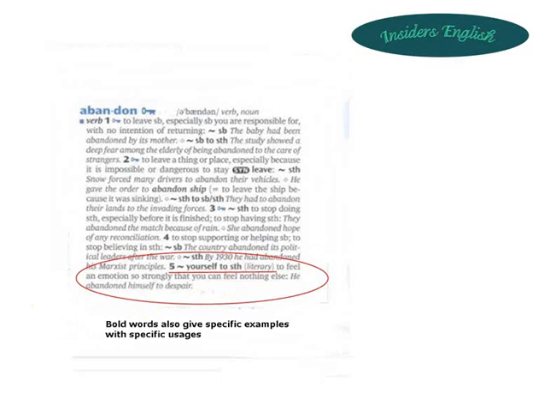Also, what's very nice is they tell us that this is used in a literary situation. That means we don't say it, we write it. So what does abandon yourself to something mean? To feel an emotion so strongly that you can feel nothing else. Oh my. He abandoned himself to despair. Well, that must be because he didn't have a paper dictionary.